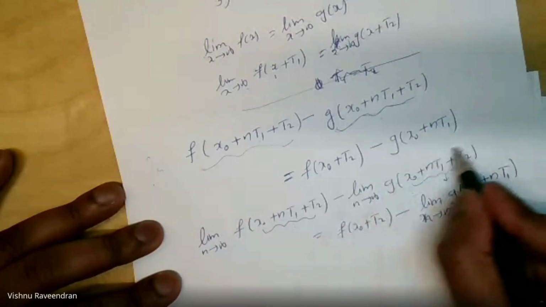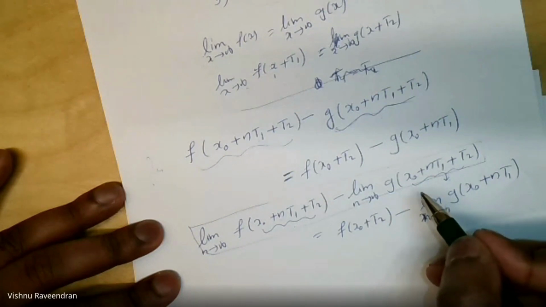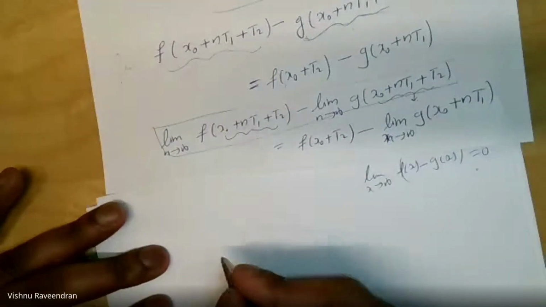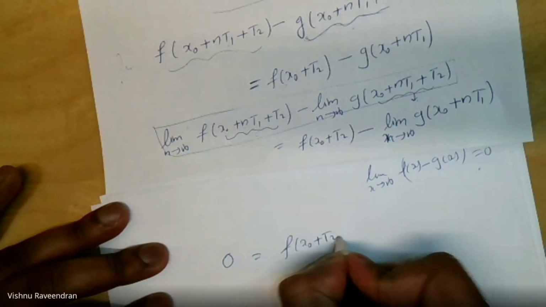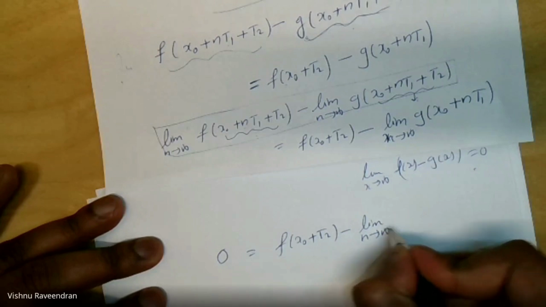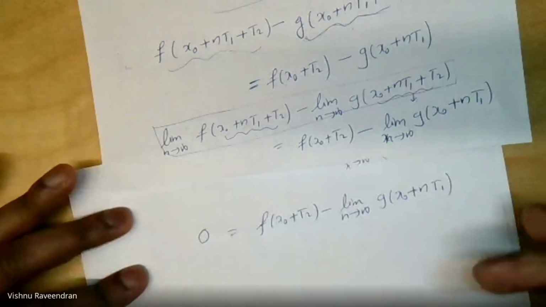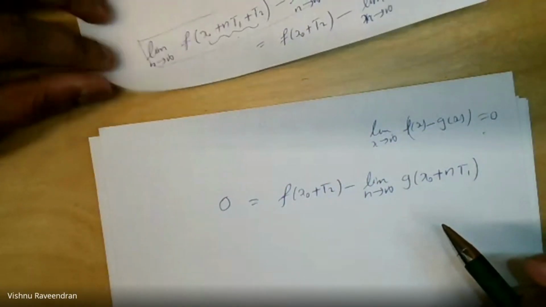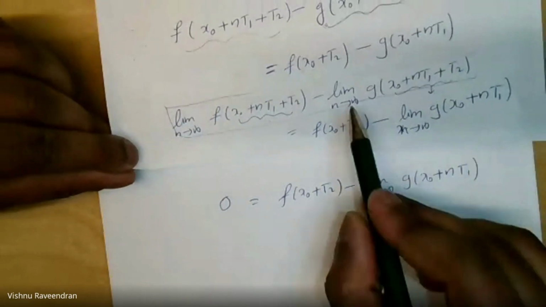So this left hand side completely will become 0. So what I'm saying is that you will get 0 equal to f of x naught plus t2 minus limit n going to infinity g of x naught plus nt1. By using this condition, the left side will go to 0.